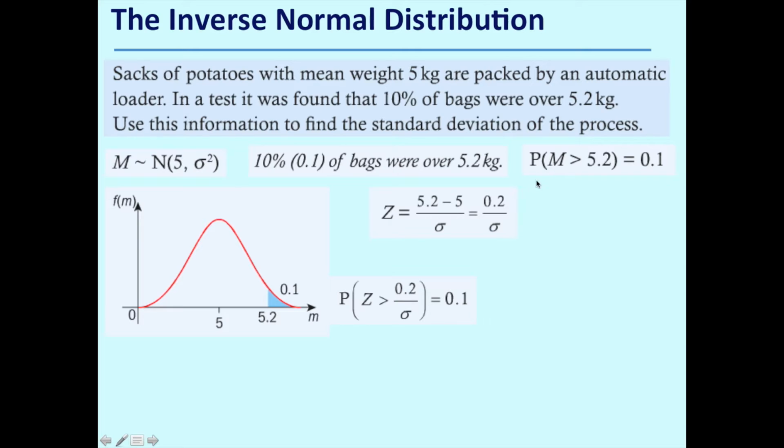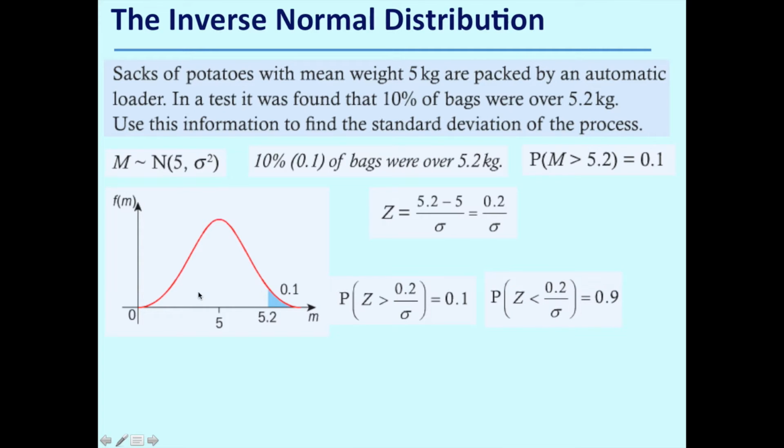We can take the Z value. We want to find the probability that M is greater than 5.2. So let's take 5.2 and use the same formula to convert that into a Z value. So the Z value is going to be 0.2 over sigma. And we therefore know that the probability that Z is greater than 0.2 over sigma is 0.1.